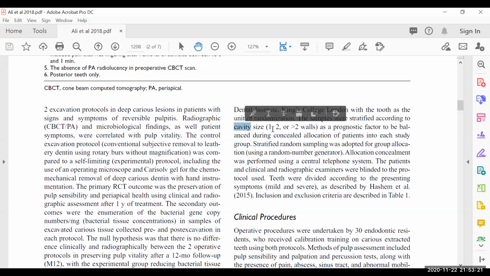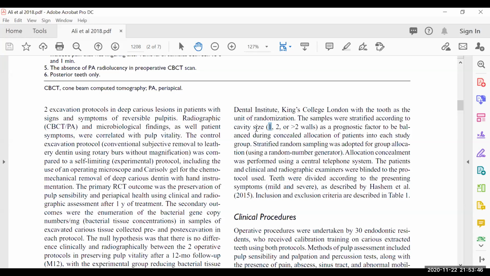So in order to ensure that equal numbers of cavities with 1 wall, 2 walls or more than 2 walls are appropriately and equally distributed in the 2 arms of the study, we performed stratified randomization, which is a type of randomization.